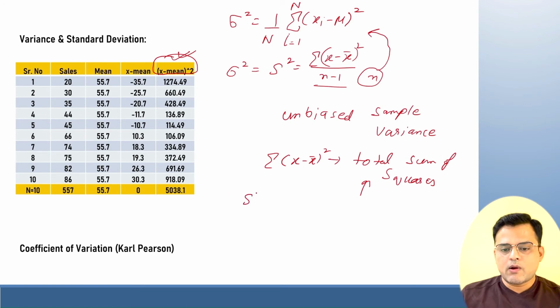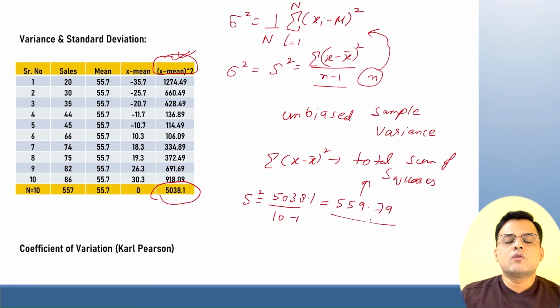So my s square will be 5038.1 divided by 10 minus 1, which is 559.79.